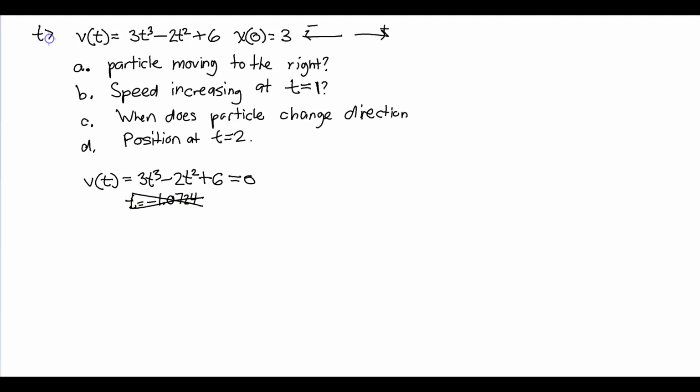So first, time t is greater than or equal to 0. It's implied. So now we see that there are no times that it changes direction. So we can easily answer part C. At no time during this particle's journey does it change direction.